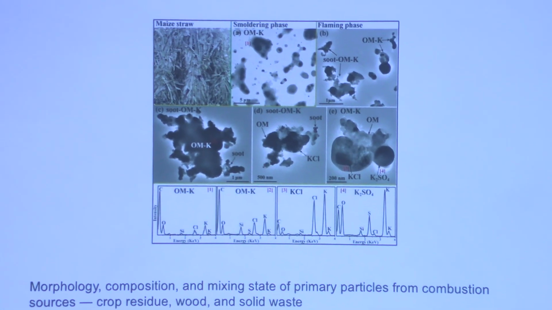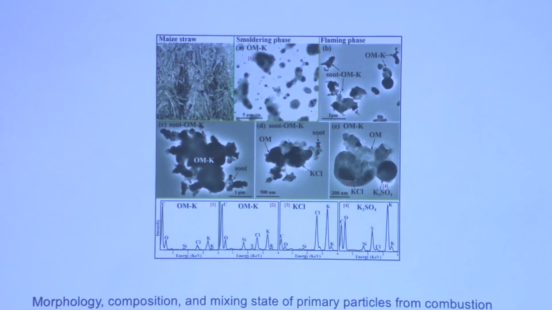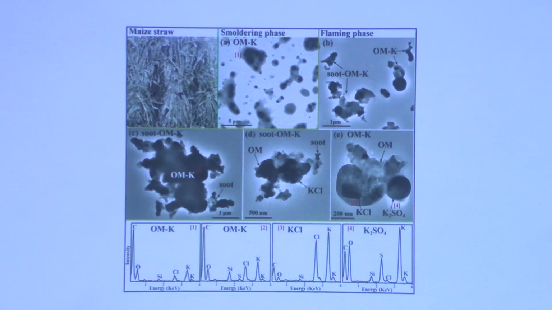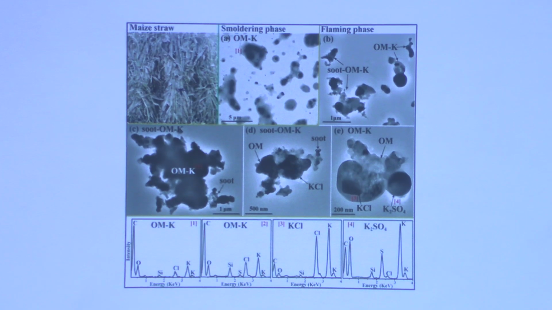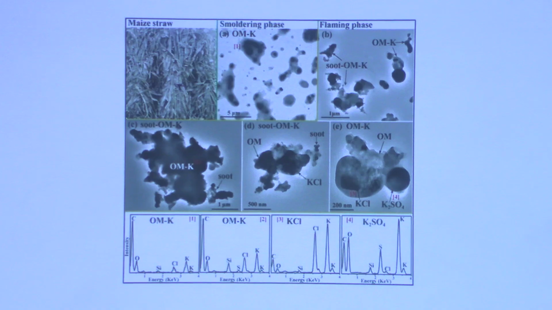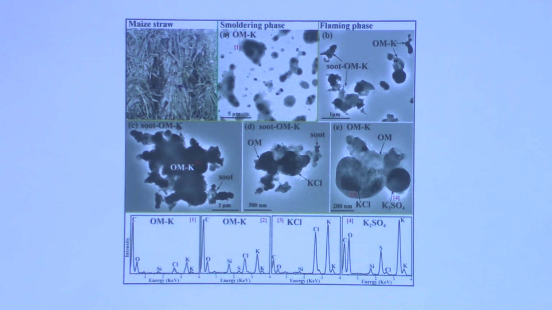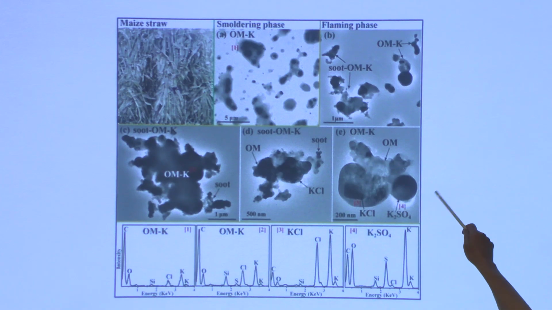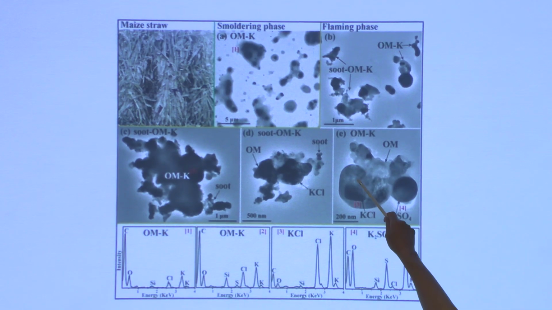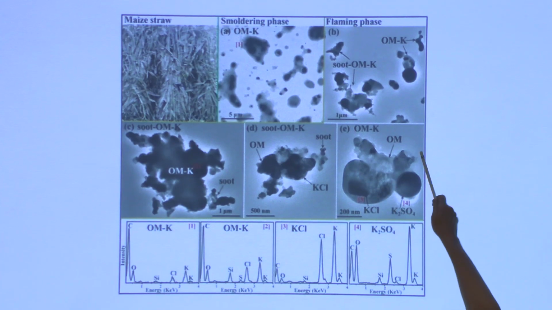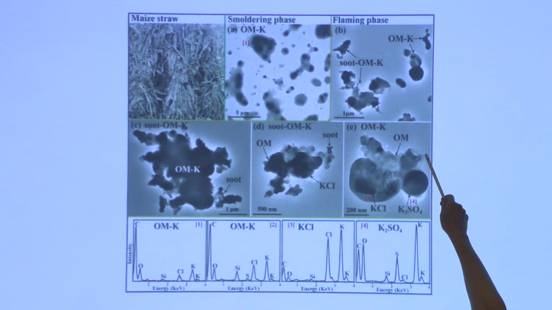And if we look now, I can't resist, of course, showing you these particles, which you probably have seen before coming from your background. But depending on what phase the fire is in, they were burning maize straw in this case, right? In the smoldering phase, the particles look like this if you look at it with a microscope, and in the flaming phase, they look like that.